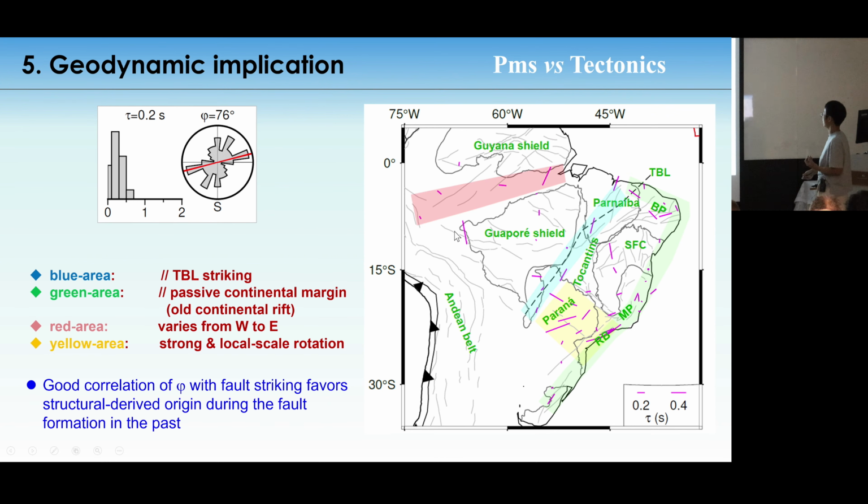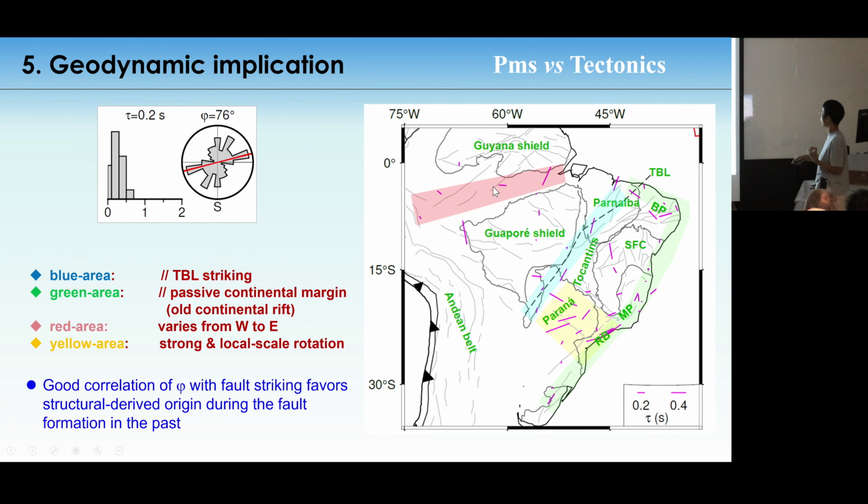But this margin is also an old continental rift region. And for the red area here, this is the Amazon basin, and the fast direction varies from west to east, and we see some interesting things again. In the west, this direction here, including another one on the west side of the Guapole Shield, these three are almost parallel to the striking of the Andean belt.